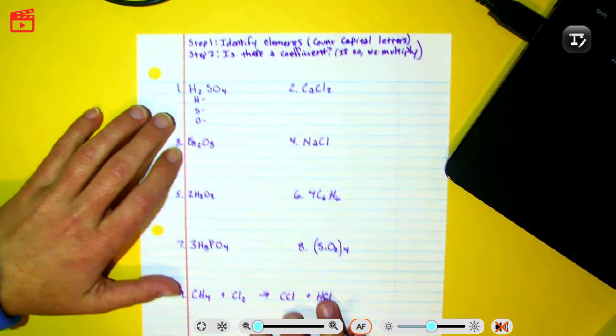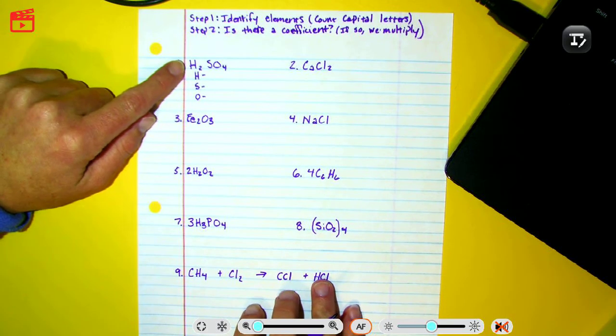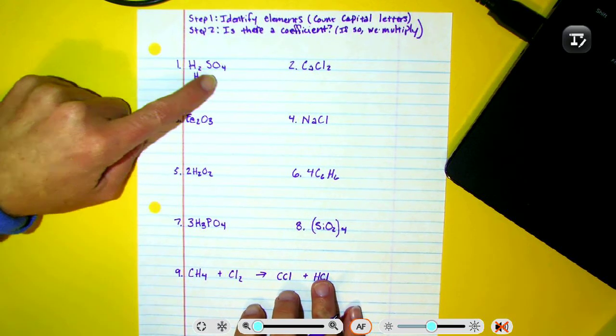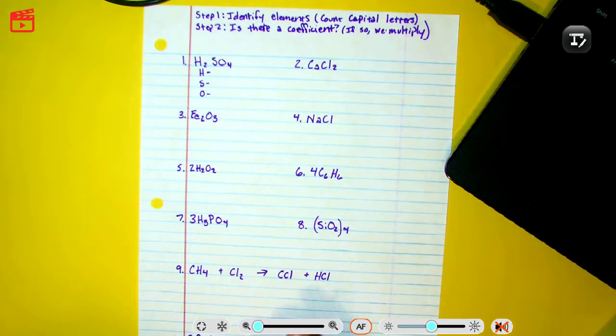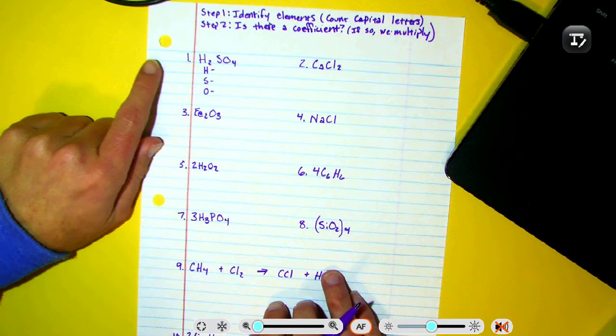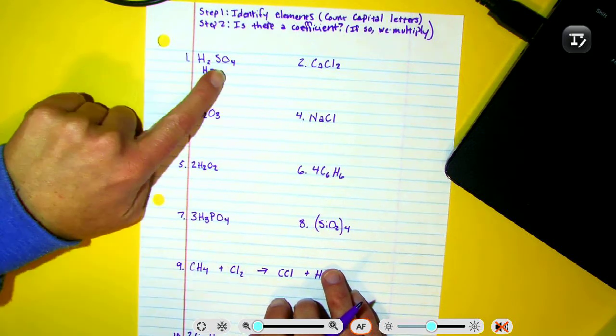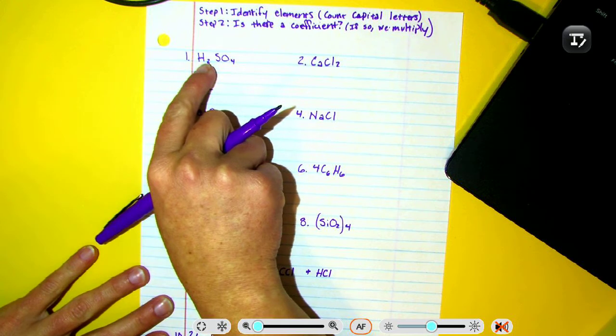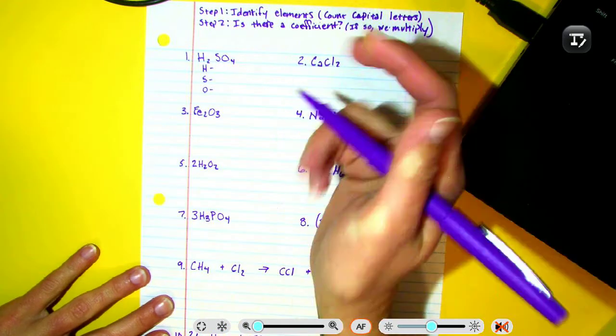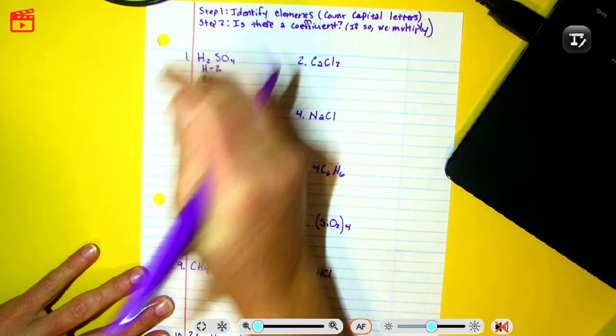On this first one right here, we don't have a coefficient. Since there is no coefficient there, it's kind of like a 1. If there's nothing there, you can always think of it as a 1. We can still multiply, and 1 times 2 is going to equal that 2. So looking at my first one, oxygen, 1 times 2 is obviously just 2.